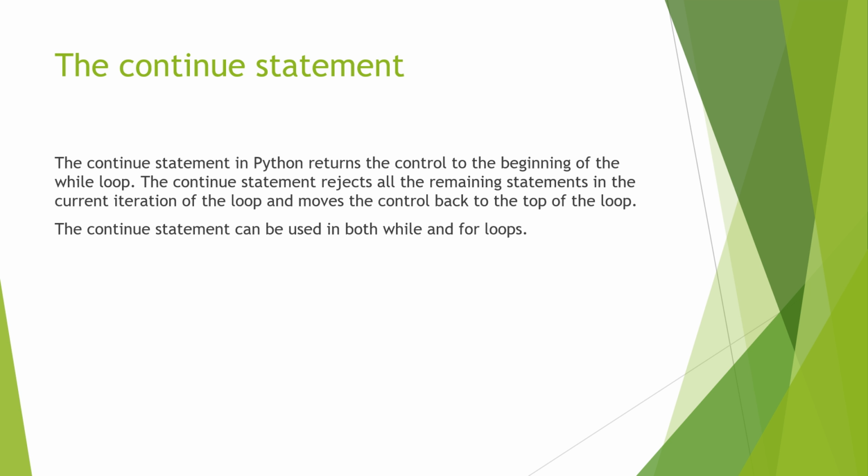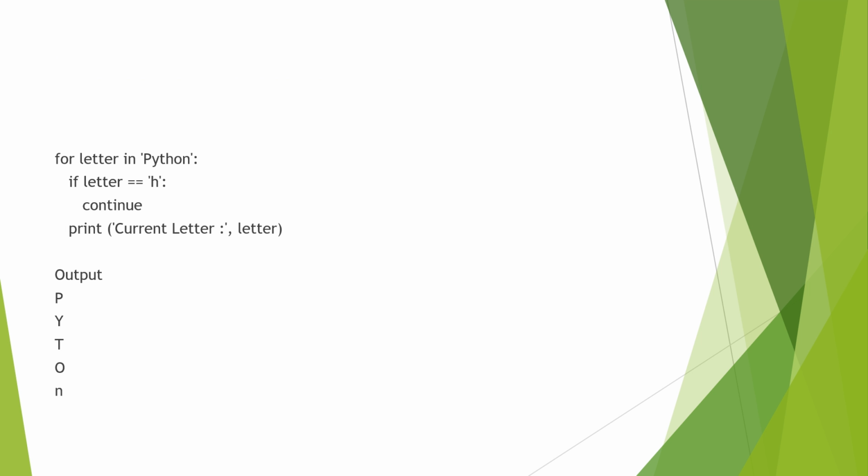Now the continue statement. Where do we use continue? Let's check this example. For letter in Python, same set of statements I am using. If letter double equals h. Now even if it reaches h, I don't want the program to break. I want it to continue.